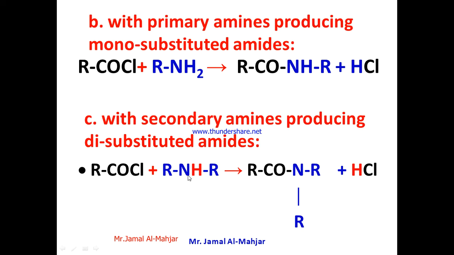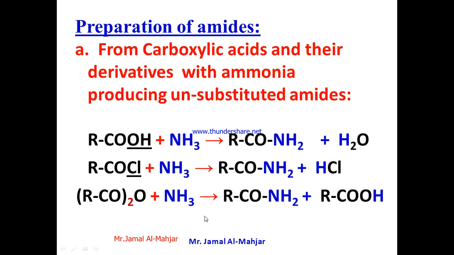Just join from the same place that you cut. I remove H from N, then I join N. Then write R, and here we have another R. So this one, what do you call it? Di-substituted amide.